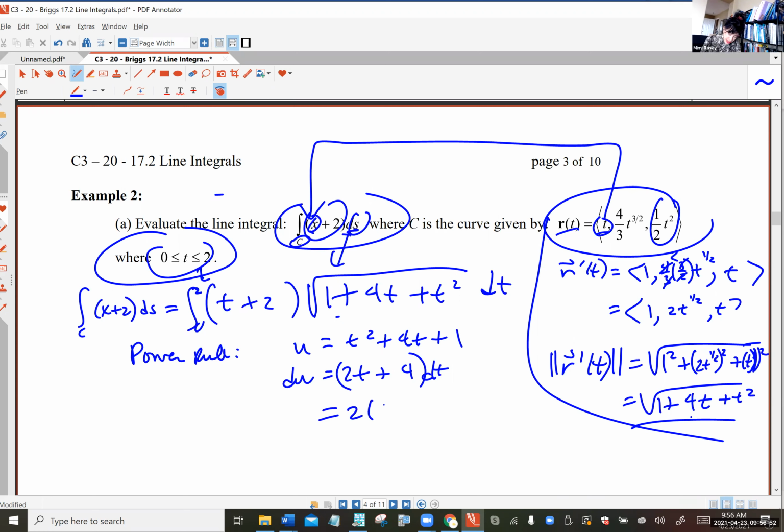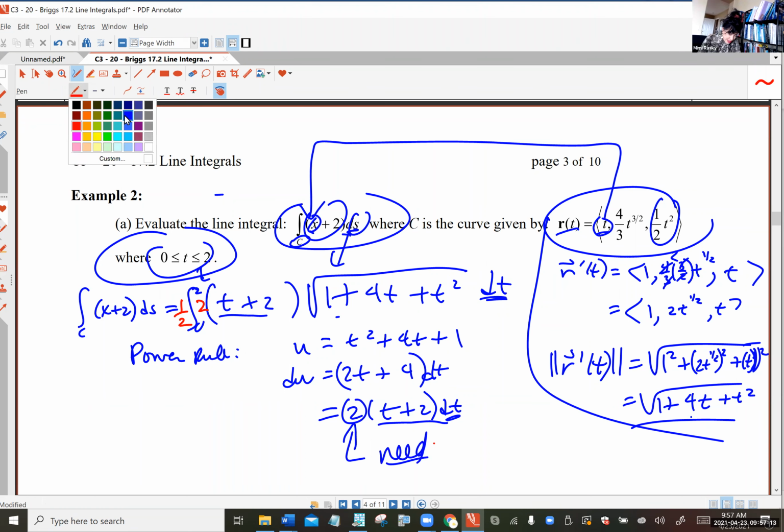But the good news is if you factor out a 2 from this du, you do have t plus 2 and the dt already in the integral. What's the only thing that's missing that you need? A 2. Well, that's good news because that's just a constant multiple that we can put in there provided we divide out. Nice. So then what?